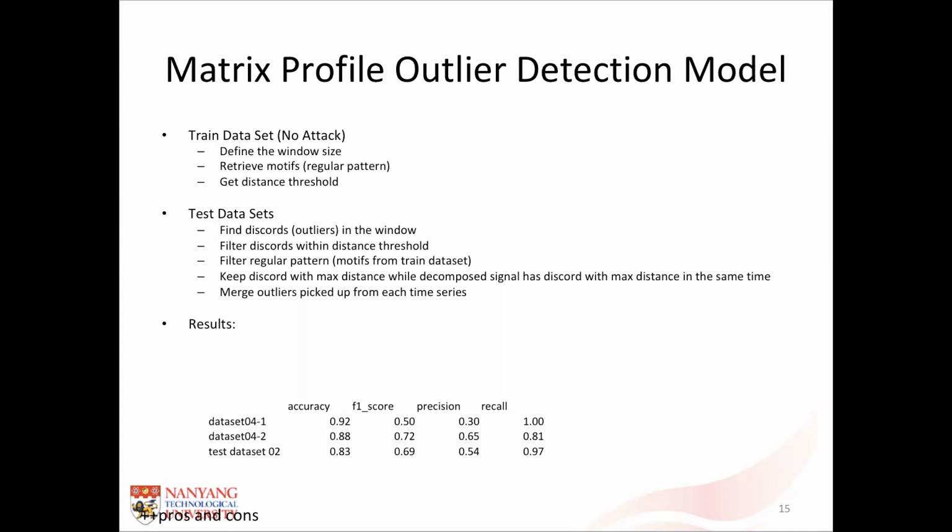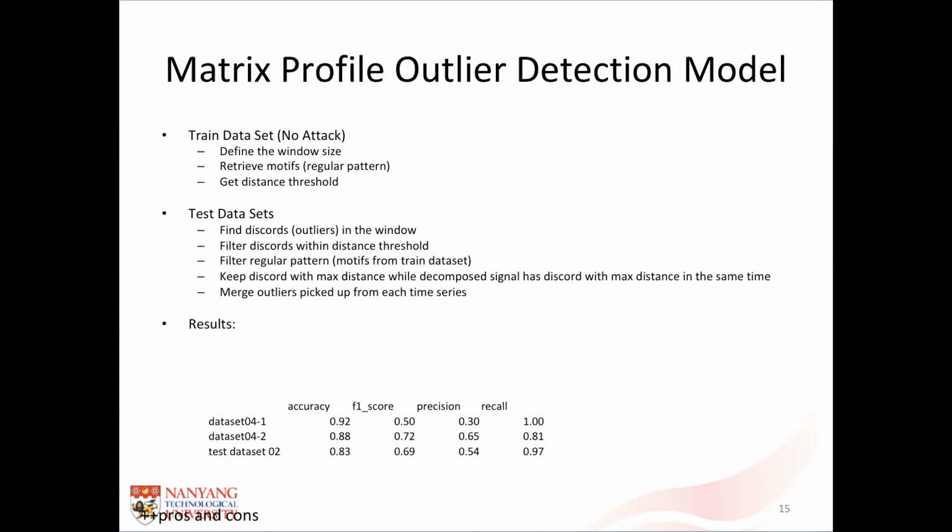After that, we take the corresponding raw data of these discords and match it back to the regular patterns we found in the training data set. If there are similar patterns, then we can filter them out with reference to the motifs from the training data set.